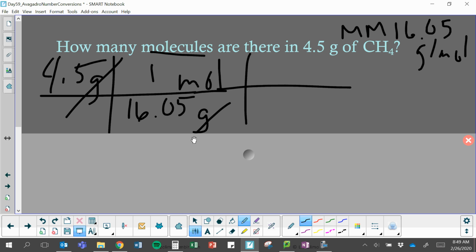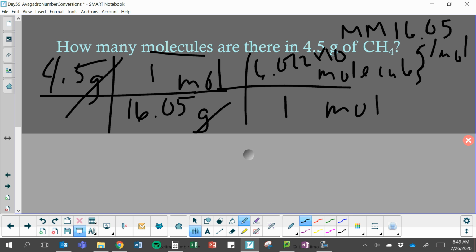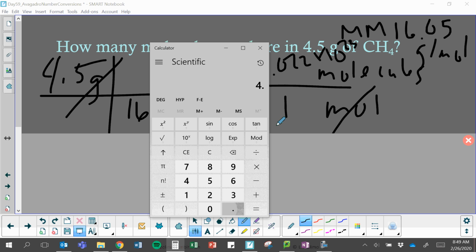Our grams cancel. So now moles, we're going from moles to molecules. In 1 mole, there's 6.022 times 10 to the 23rd molecules. So now we're left with molecules. We can put this in our calculator.